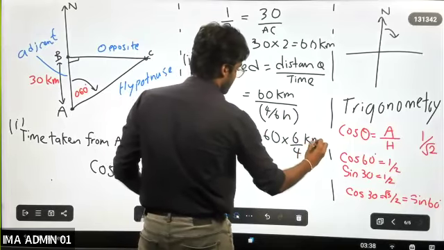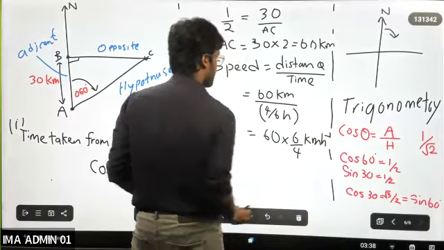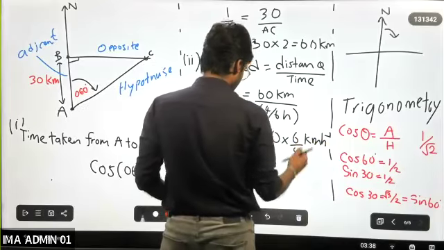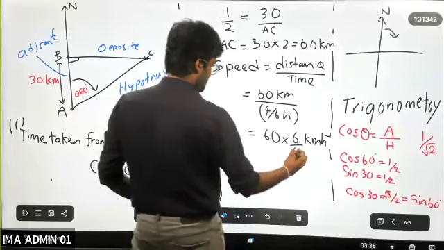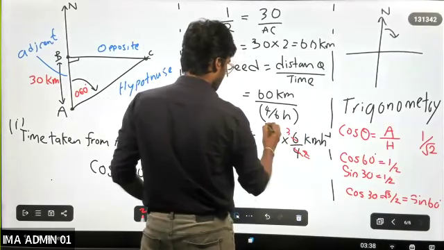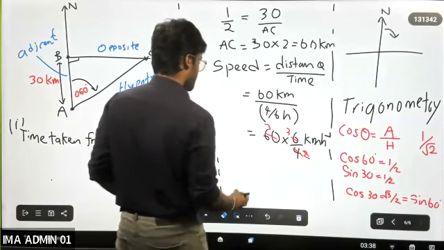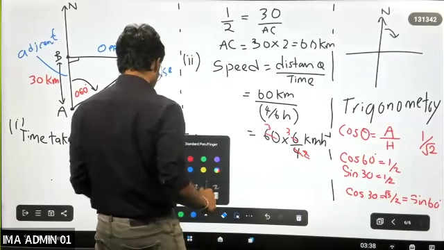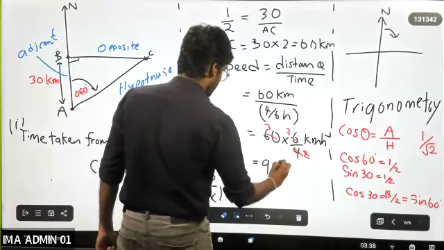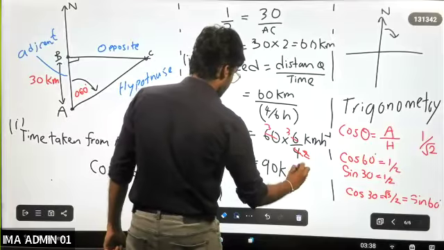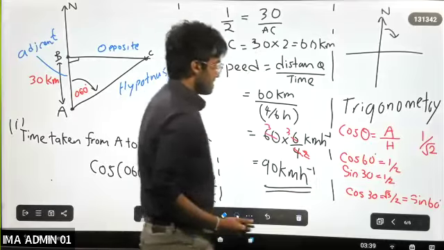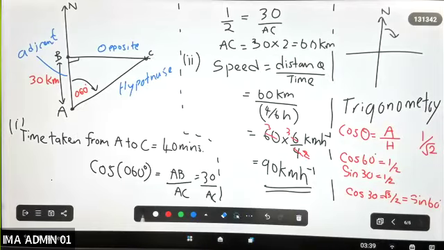So the measurement will be kilometers per hour. So divide this 3 to 3. Then the speed is 90 kilometers per hour. Right? Clear, no?